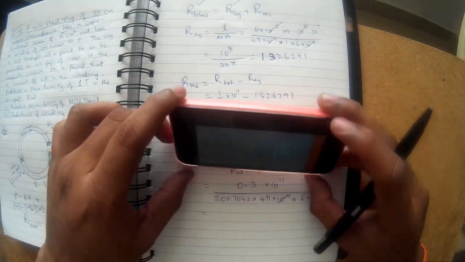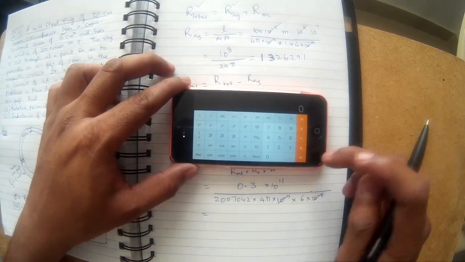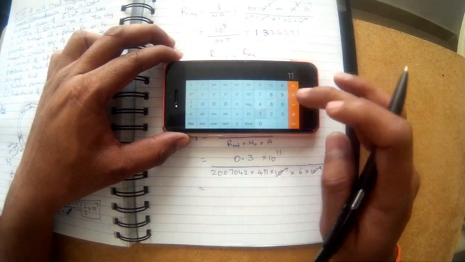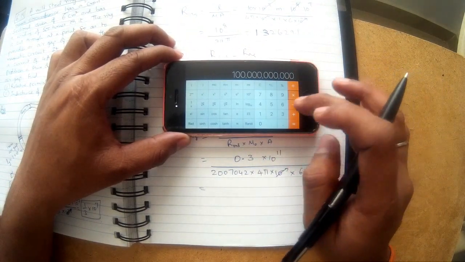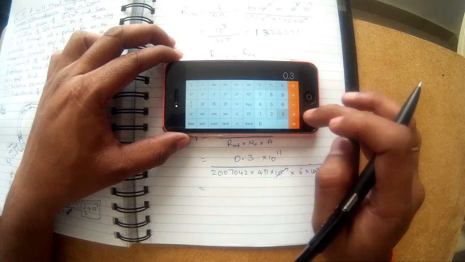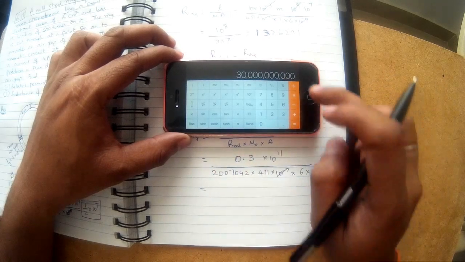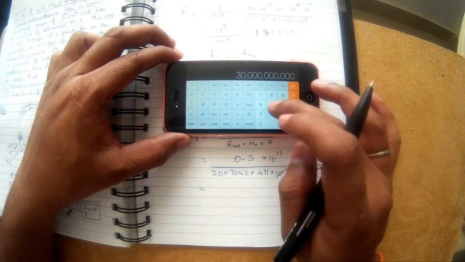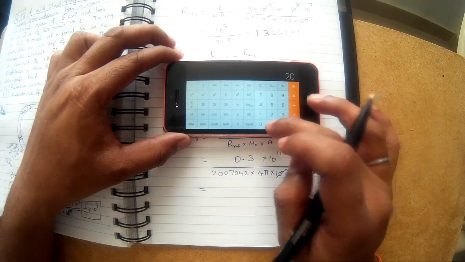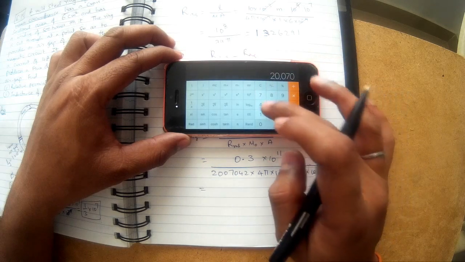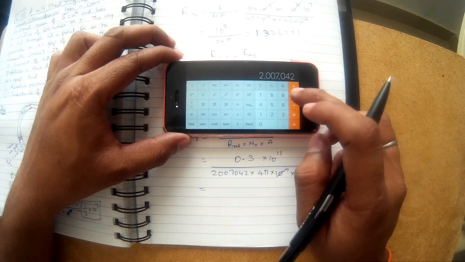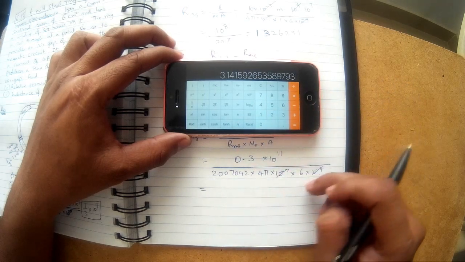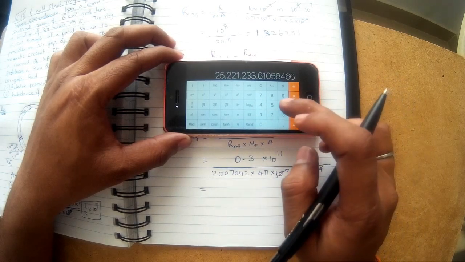So what do I have? 10 power 11 multiplied by 0.3, this is in the numerator, divided by, I open the brackets, 2007042 multiplied by 4 multiplied by pi multiplied by 6.